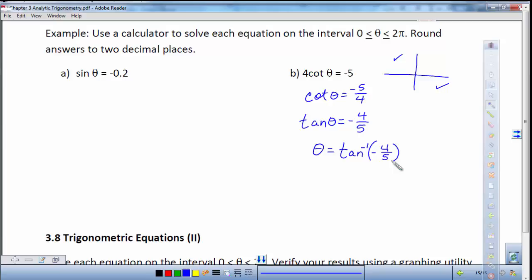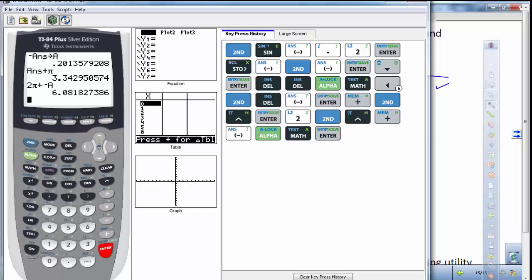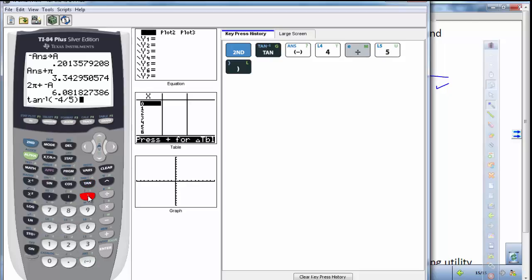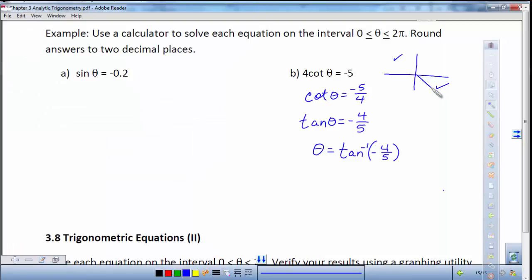On my calculator, I'm going to do tan inverse of negative 4/5. It gives me some answer, negative 0.67, and basically my reference angle is going to be 0.67. Negative 0.674. Let's leave that there.